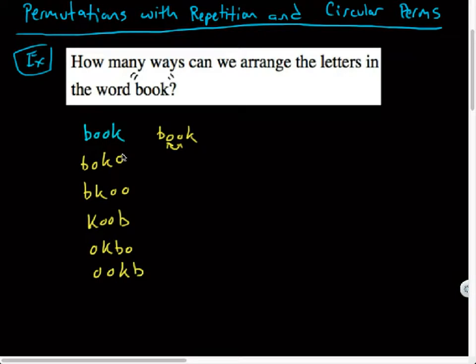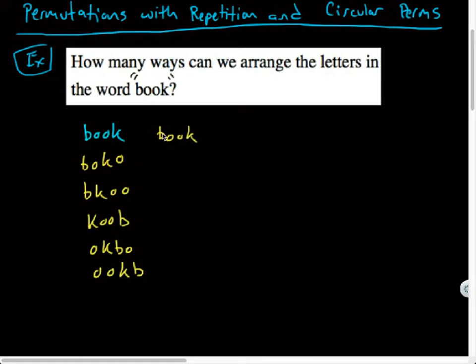Like if you're playing Scrabble and you say, I'm going to play the word book, and they're like, oh, book, that's this many points, you're not going to say, no, I was playing book where the O's were the other way. They're indistinguishable. What would the point be of trying to claim that these are two different things?